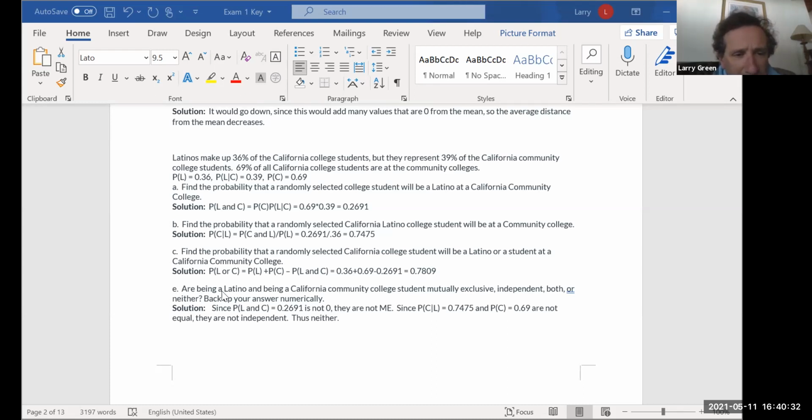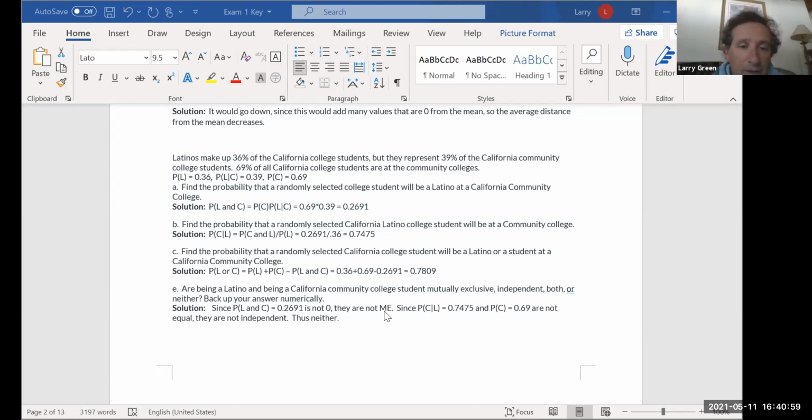Okay, then are being Latino and being a community college student mutually exclusive, independent, both, or neither? Let's back this up numerically. Mutually exclusive means that the probability of both of them happening is 0. But the probability of L and C is not 0, it's 0.2691. That was part A. So they're not mutually exclusive.